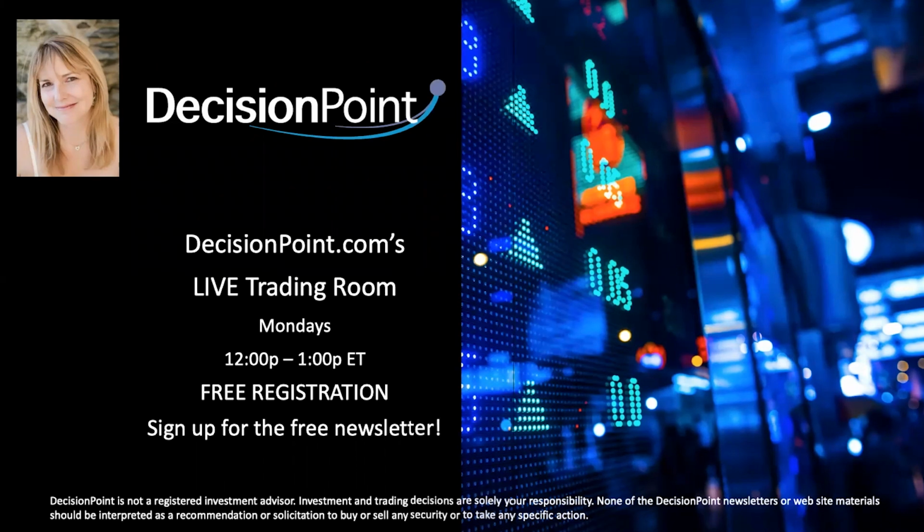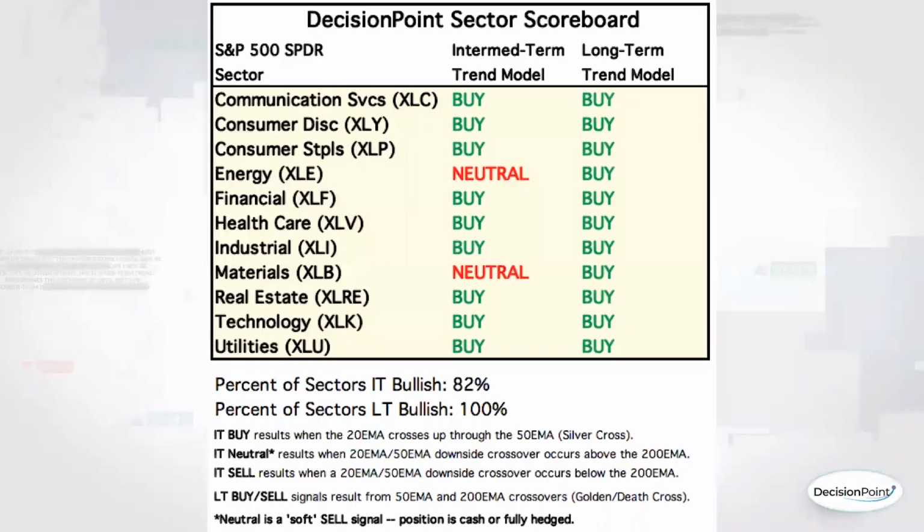When we look at the Decision Point sector scoreboard, currently we only have two signals that are different from a buy. That would be XLE, which is having a neutral signal right now. That means that the 20-day EMA is below the 50-day EMA.